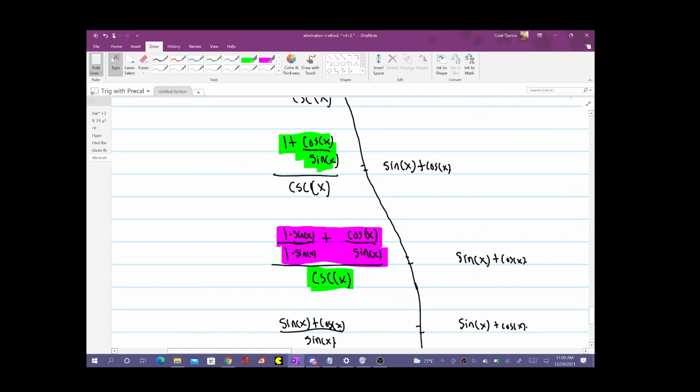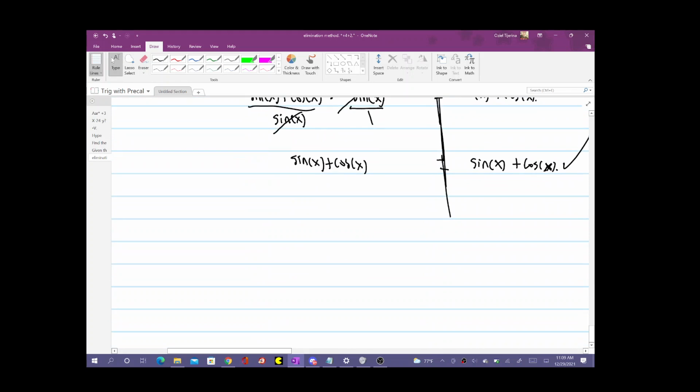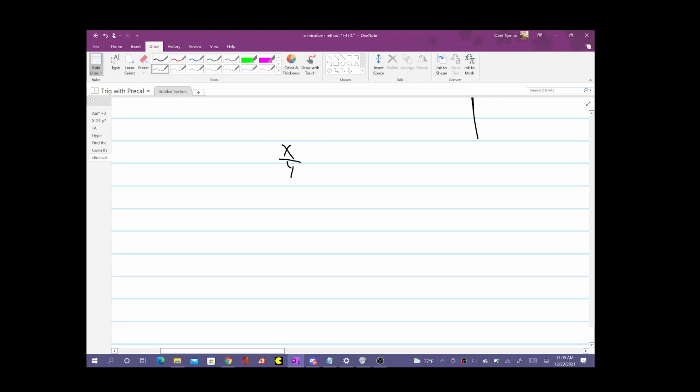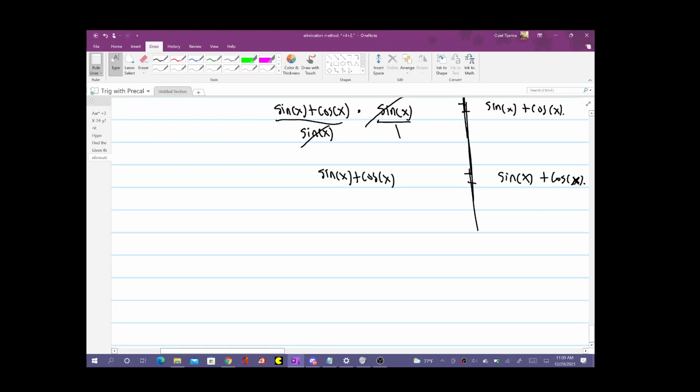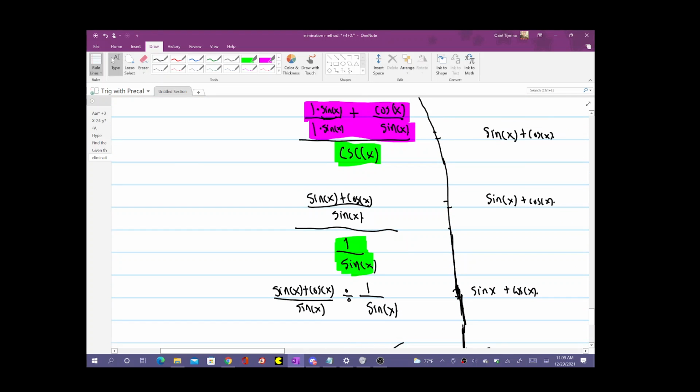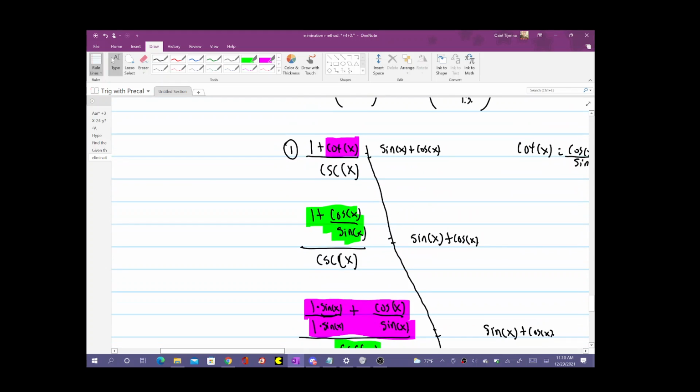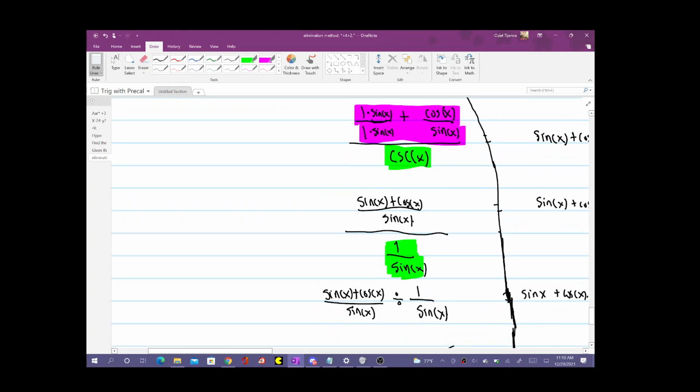It's just like simplifying complex fractions when we did x over y plus y over x over x over y minus y over x, something like that, right? It's just like doing that, but this time it's in terms of trig identities, and those trig identities are in terms of sine and cosine.